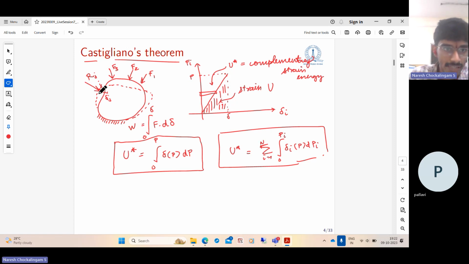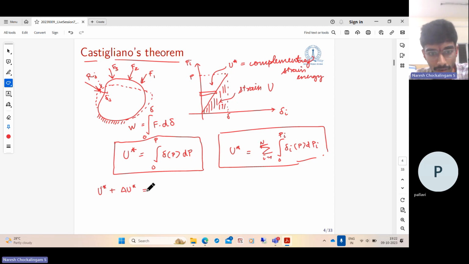And in this configuration, we apply a very small incremental displacement delta J. So when we do this change, the complementary strain energy increases from U star to U star plus delta U star, because you're adding a force that is deforming the structure further. So there is some change in the complementary strain energy.